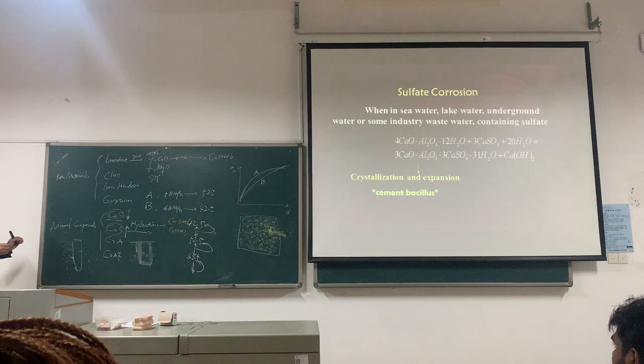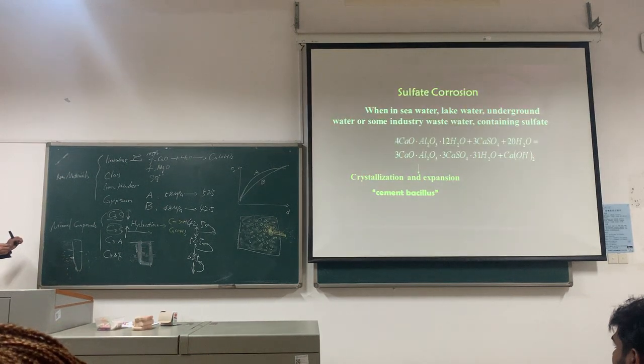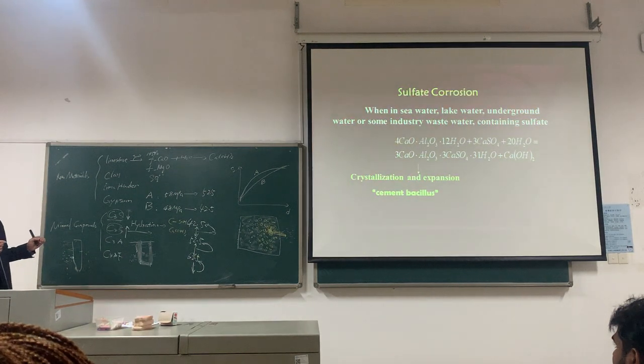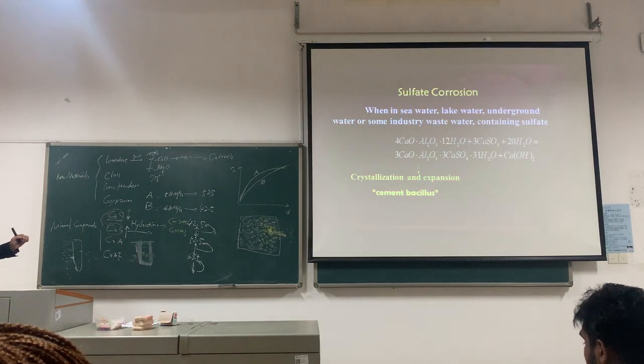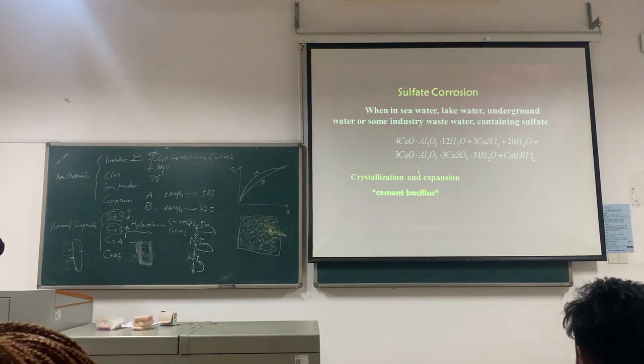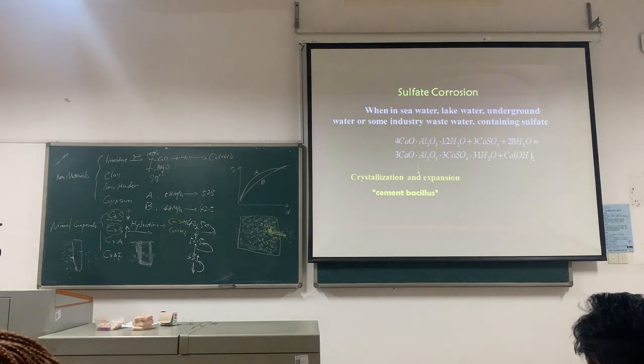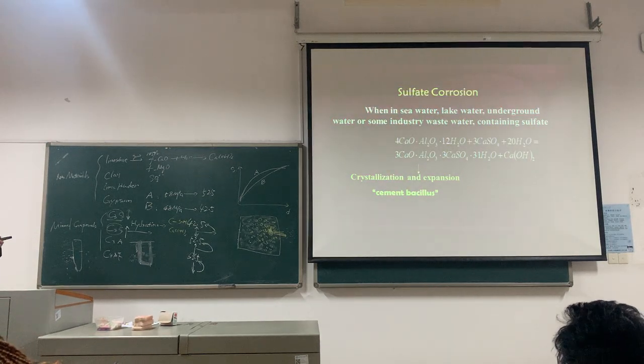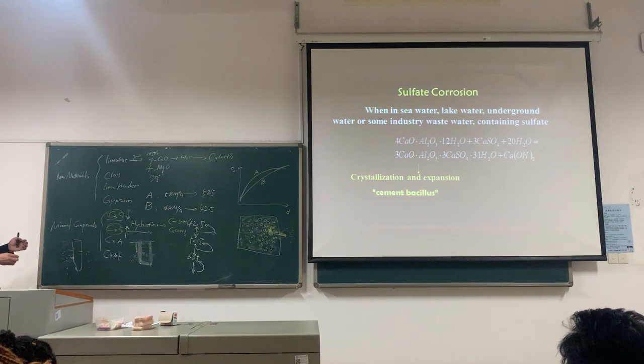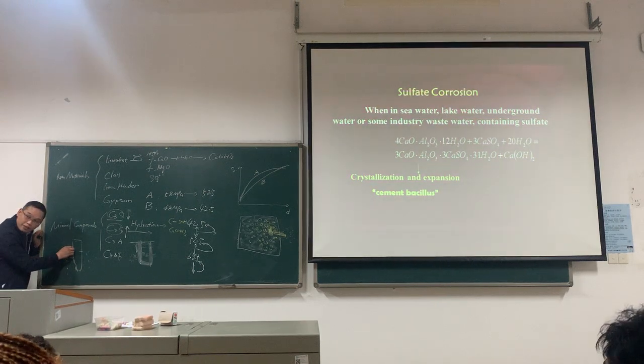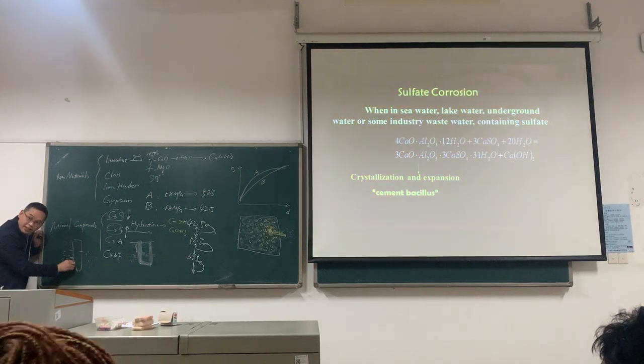So after some time the pipe will be corroded, like sulfate corrosion. So how can we keep the pipe lasting for a long time? Maybe we can put some painting.